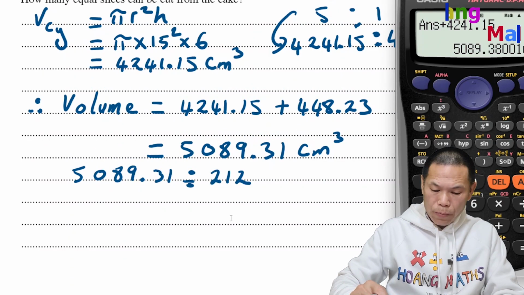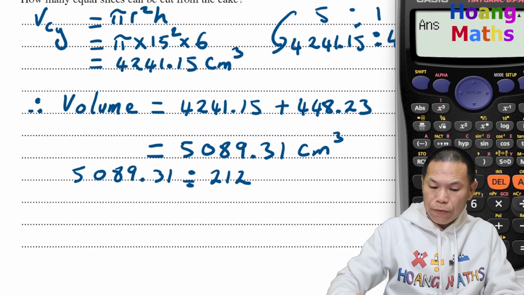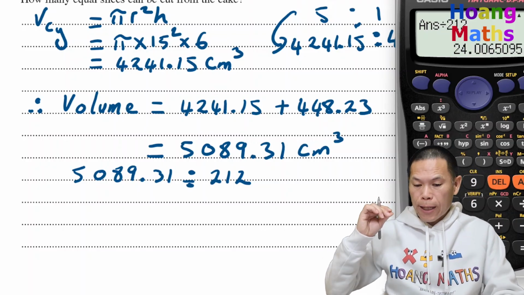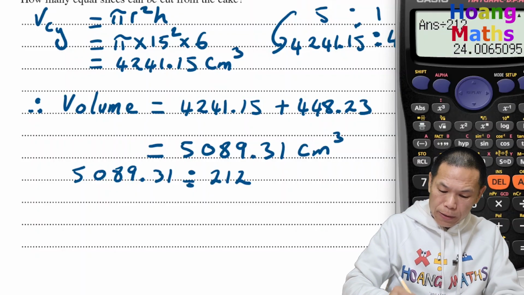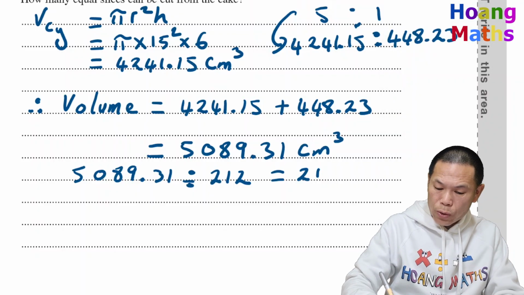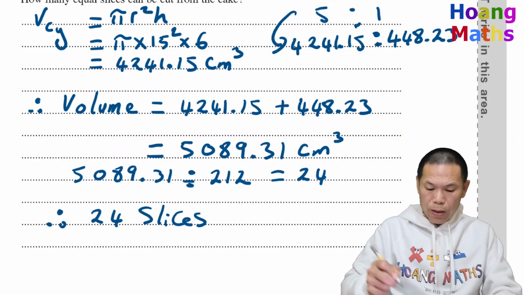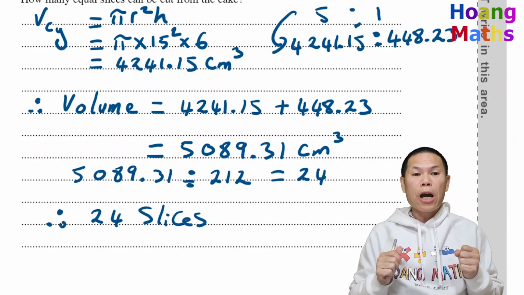So just go answer divided by 212. There you go. So 24 slices. So that is equal to 24. So therefore, there you go.